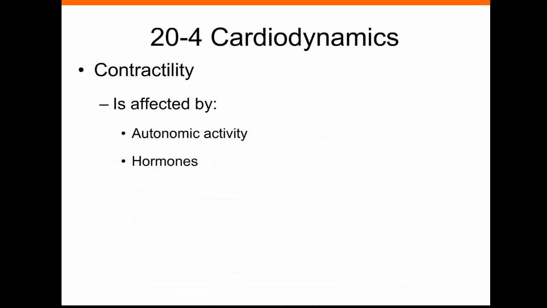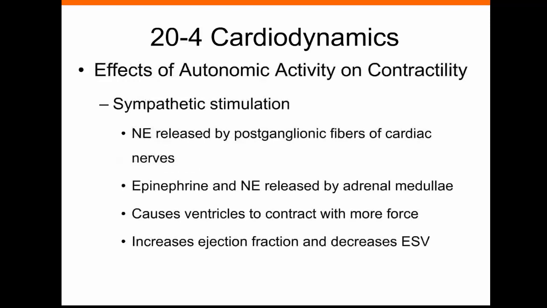Contractility is affected by autonomic activity and hormones. If we look at sympathetic stimulation, such as with noradrenaline and epinephrine, it will cause the ventricles to contract with more force, increase the ejection fraction, and decrease the end systolic volume, the amount of blood that's left at the end of systole.